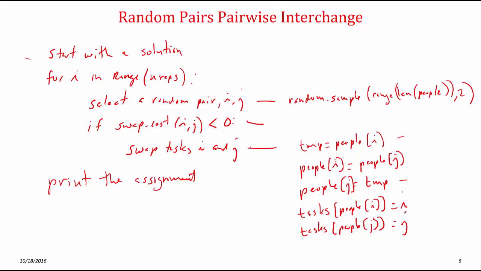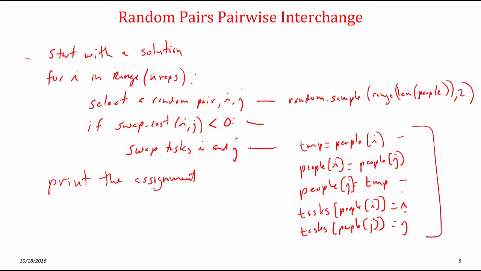So we could simply create a function that makes the swap, create a function that computes the swap cost, and then we have a very straightforward process that we could do the random pairwise interchange process.